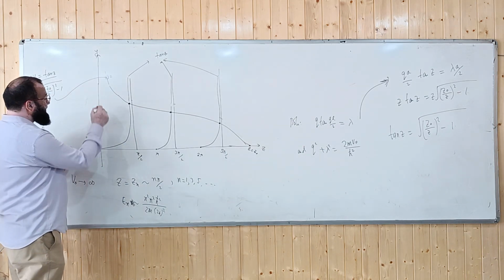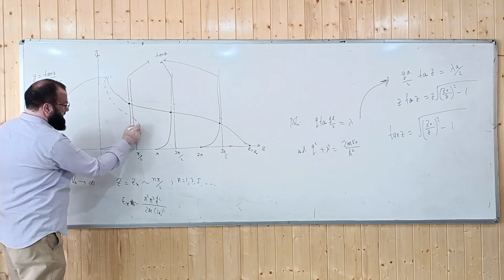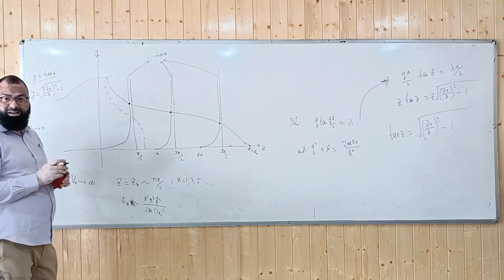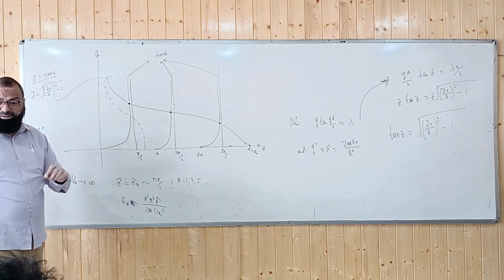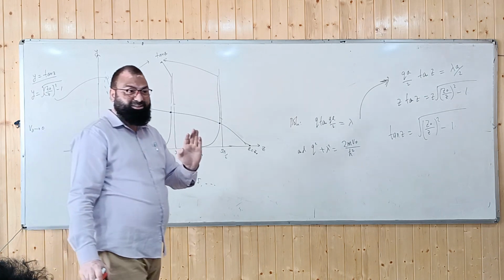Clear? In that case, it will be something like this, when v naught tends to 0. It is not exactly equal to 0, but at least one bound state will exist. That bound state will have only parity even. Why?